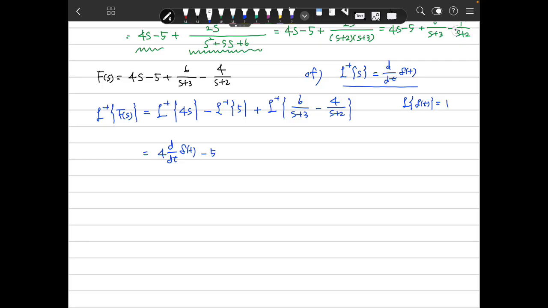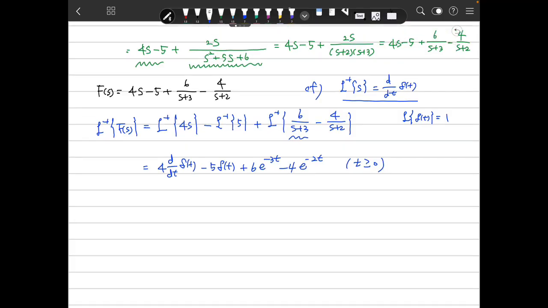So minus 5 delta t, plus 6 exponential minus 3t minus 4 exponential minus 2t when t is positive.